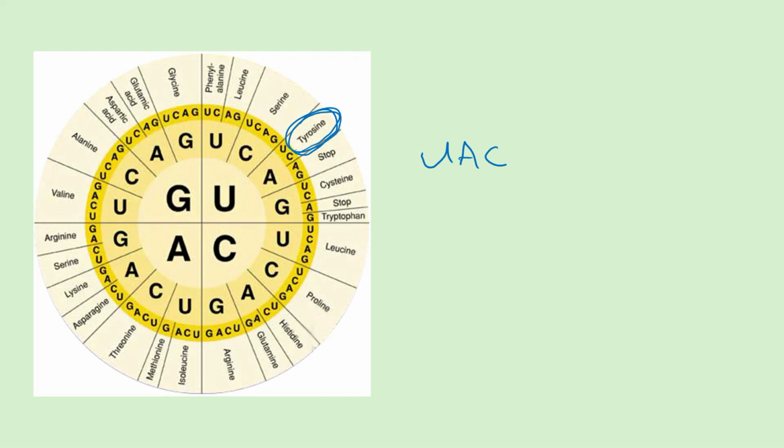In much the same way, we follow the other codons. UUG will code for the amino acid leucine. GAG will code for glutamic acid. CUA will code for leucine. And the last one we had was UUU, and that will code for phenylalanine.